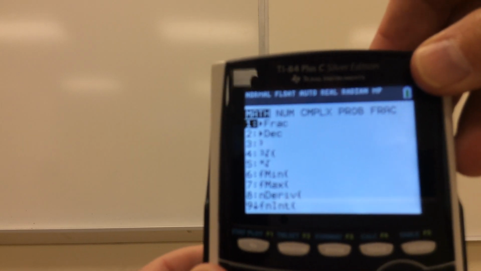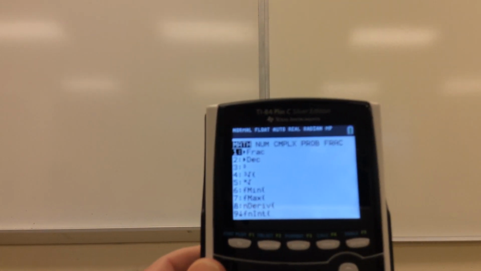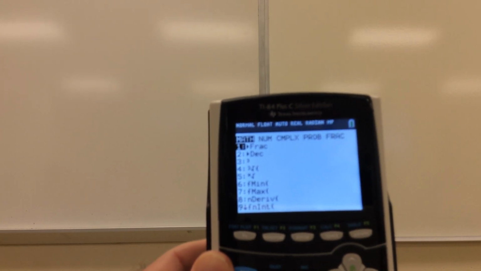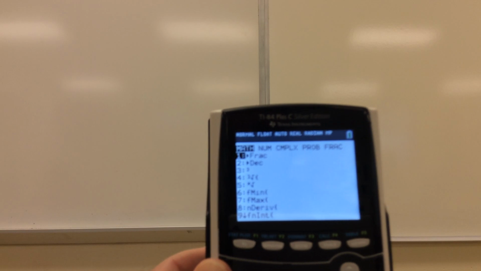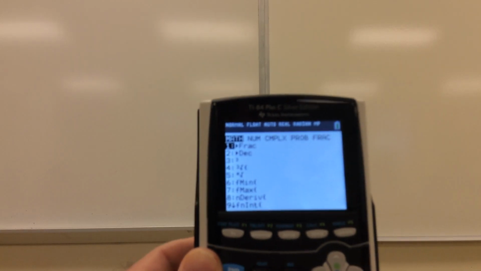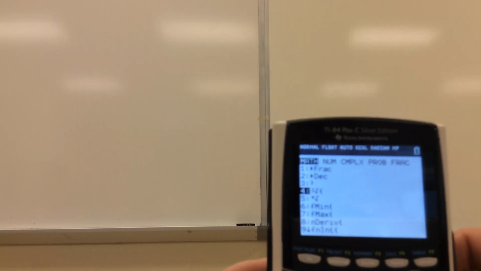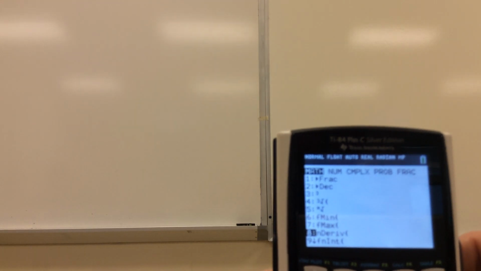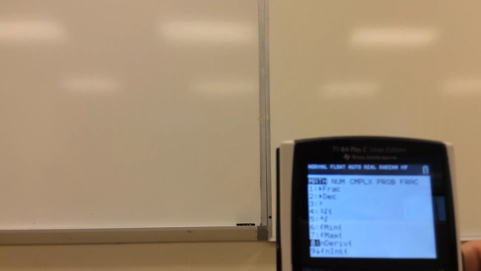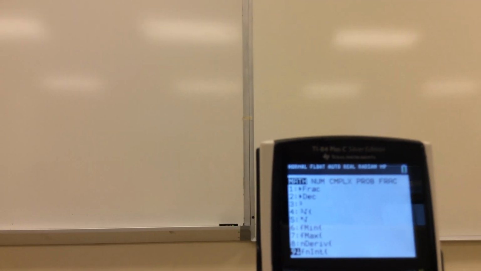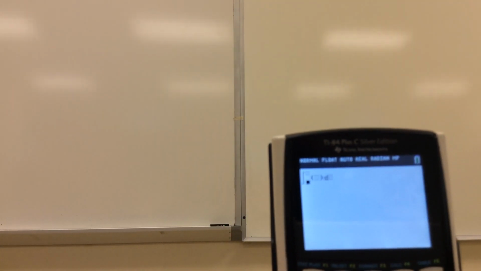Derivative is Math 8, and integral is Math 9. See where it says fnInt? That's called function integrate. So the derivative is Math 8 there. Don't forget about that. But today we're working on Math 9, which is function integrate.